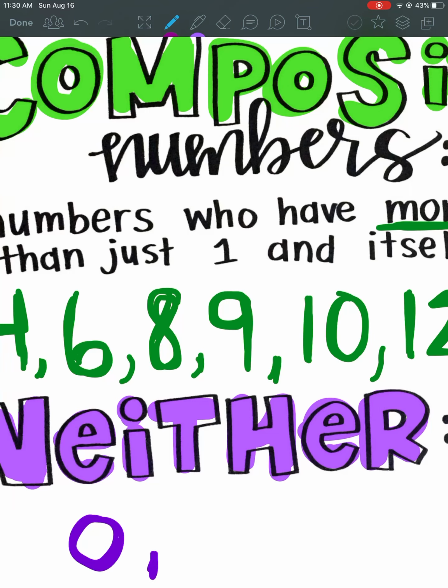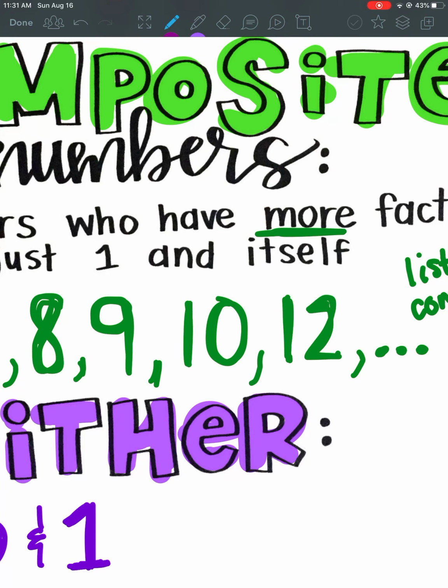So the 0 does not work. The other number then is 1. I'm going to change this comma to an and sign because these are the only two numbers that fit the neither category. So they are not prime or composite.